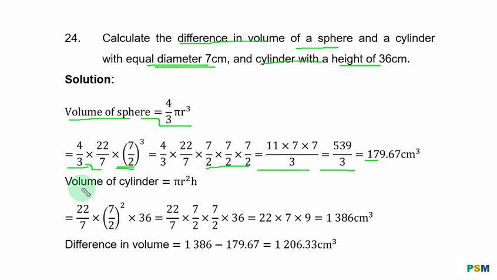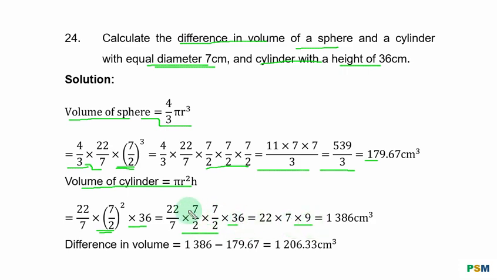Volume of cylinder is given by this formula. You have 22 over 7. Radius is 7 over 2, all squared, times height 36. If you simplify this term, you have it in this form. 7 cancels 7. 2 times 2, that is 4. Divide by 36, you have 9.